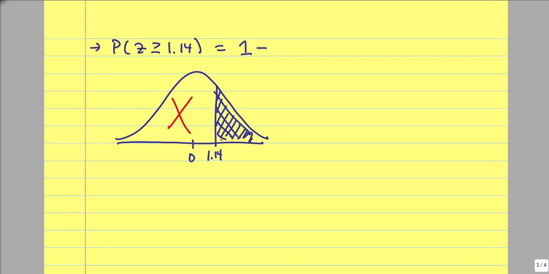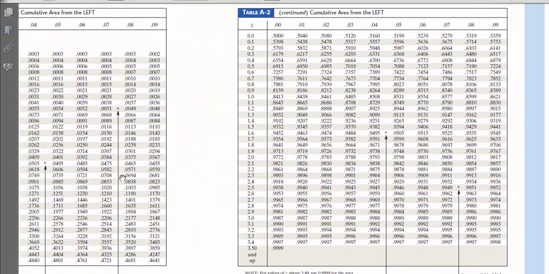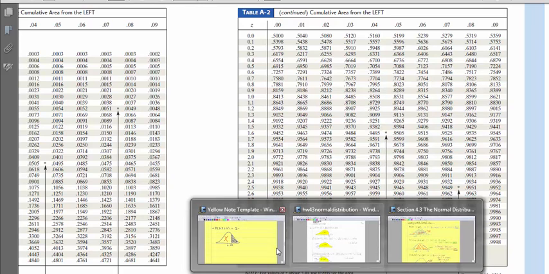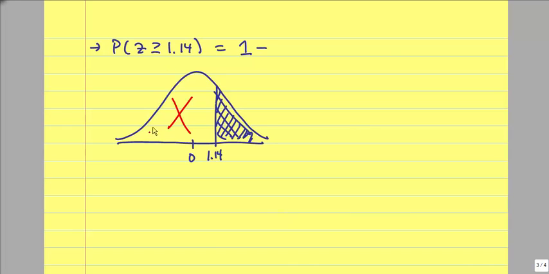So if I look up 1.14 in the table, and that's going to be over here to the right. So here's 1.1, 0, 1, 2, 3, 4. So 1.14 is 0.8729, this value right here, because it's 0.04 on the top. 1.1 across the side is 0.8729.